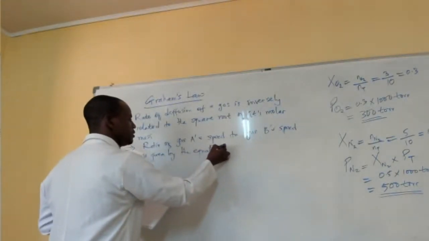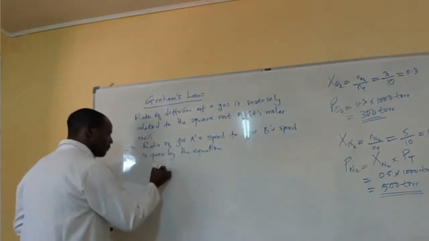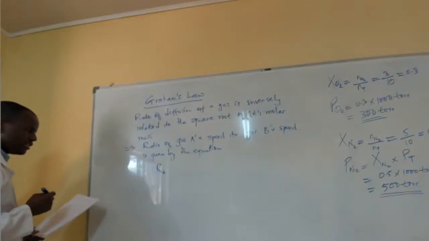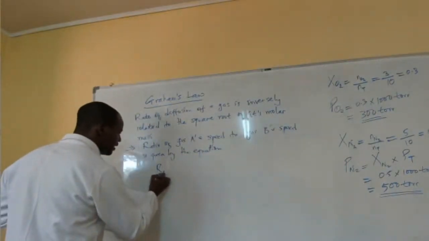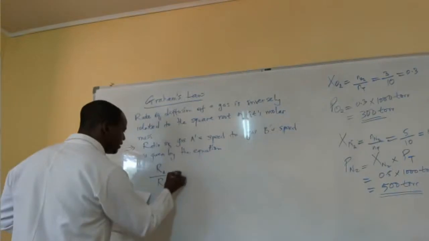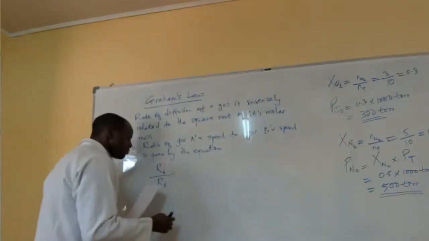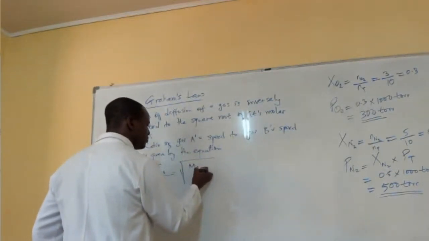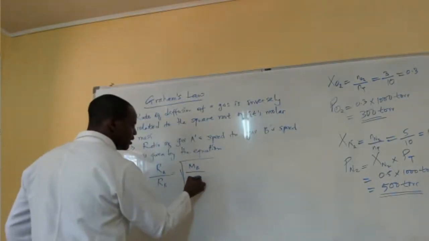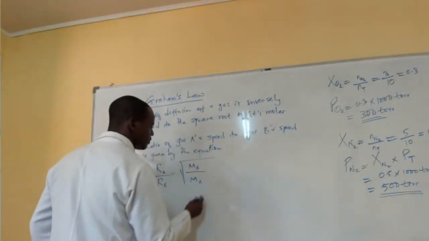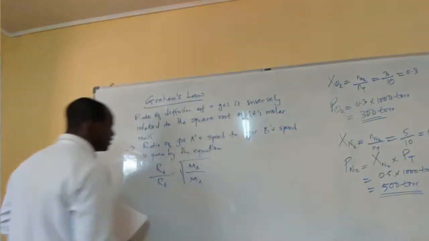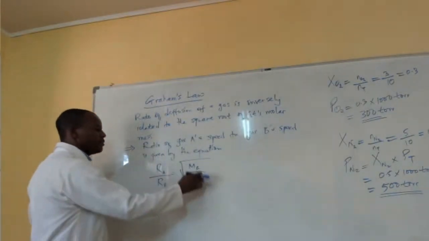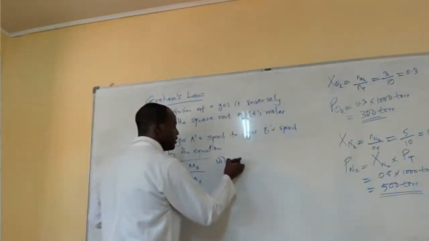And this equation is, if we are using speed, we can say rate, so R is for rate. So rate of gas A over rate of gas B is equal to the square root of the molar mass of B divided by the molar mass of A. Now you can see here that we have switched the masses and the rates.